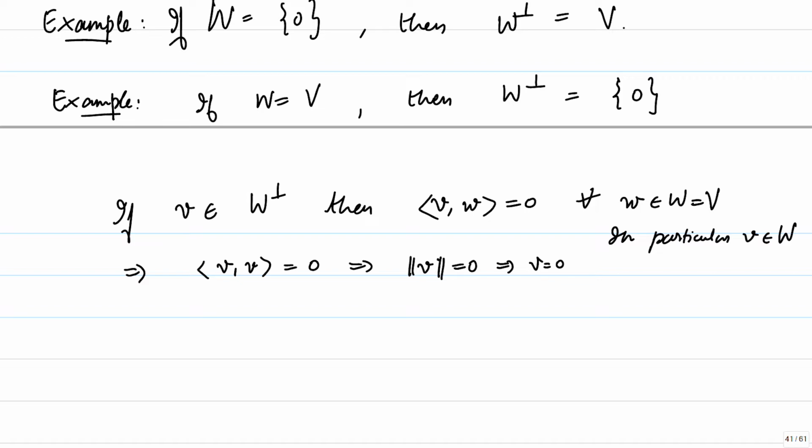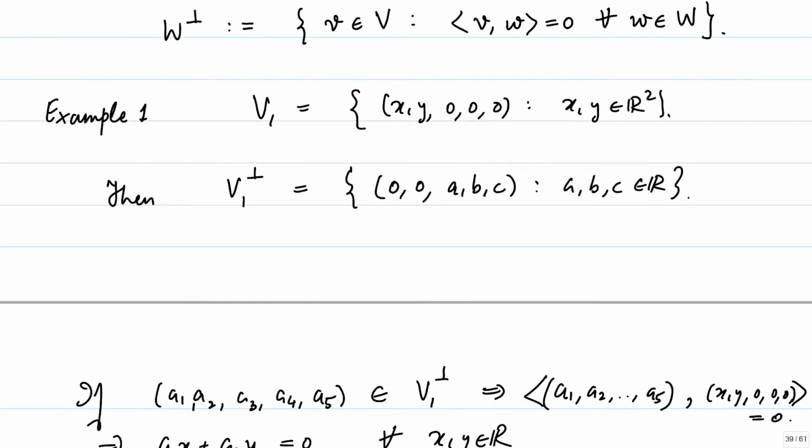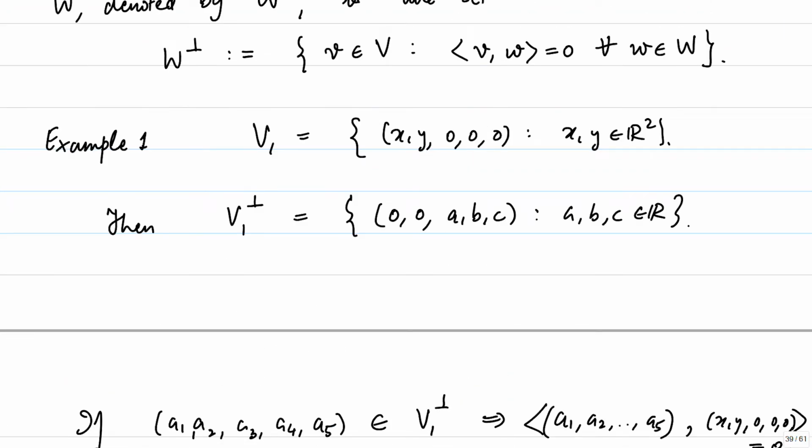Alright, so okay, let us get back to this example. This example gives an indicator of what type of vectors we get.